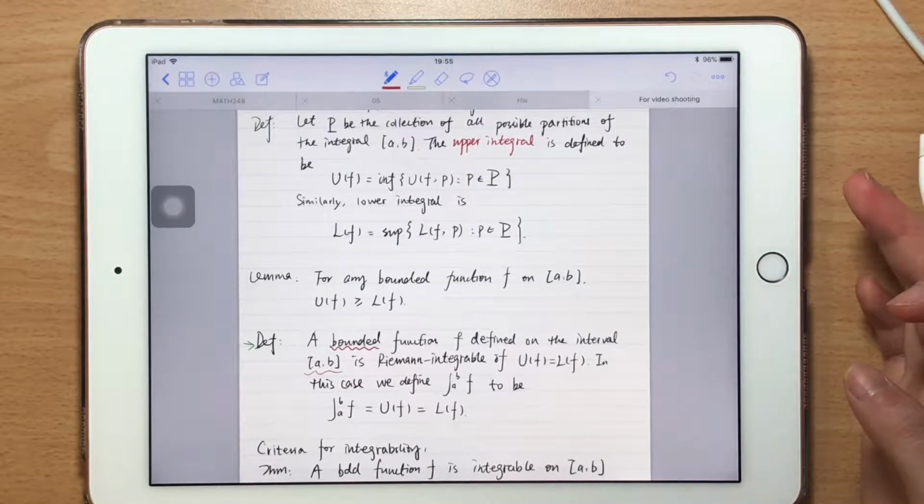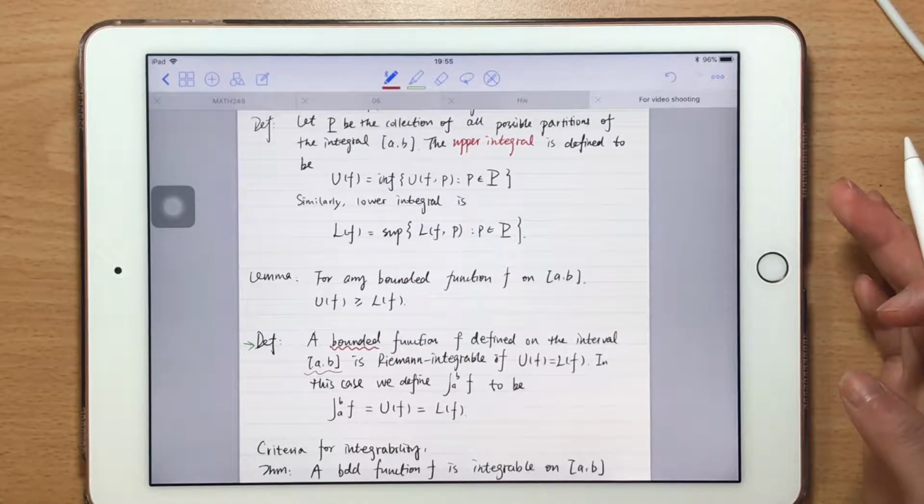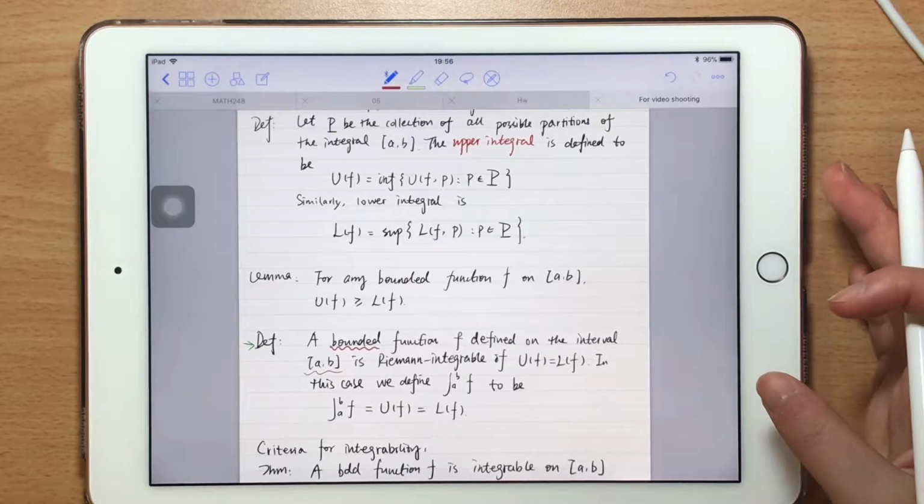Because if you are taking the same partition, then the way you define upper and lower sum is you are looking for the supremum and infimum in each interval, and the supremum will always be larger than or equal to the infimum in each interval. So we're not gonna prove this lemma.